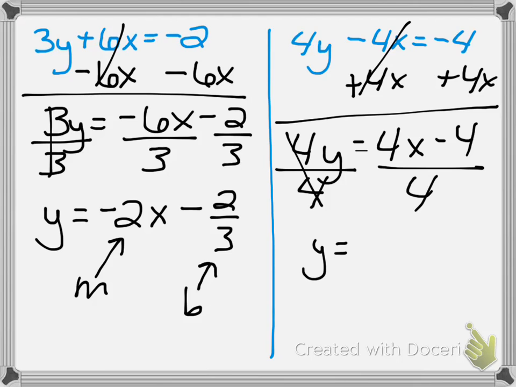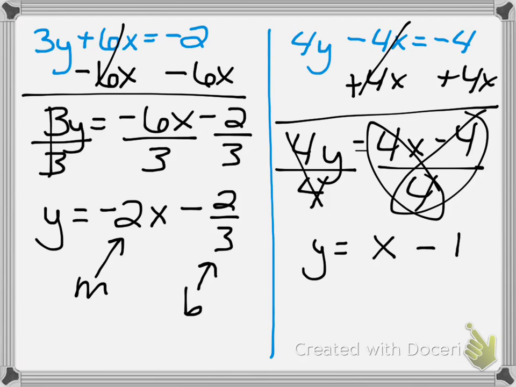Y will equal 4 divided by 4 is 1, so I'm going to just put it as x. Negative 4 divided by 4 is going to be negative 1. And that will be my answer. In this case, m is going to be my imaginary 1 in front of my x. And again, that's slope. And my b is going to be negative 1. And my b is my y-intercept.